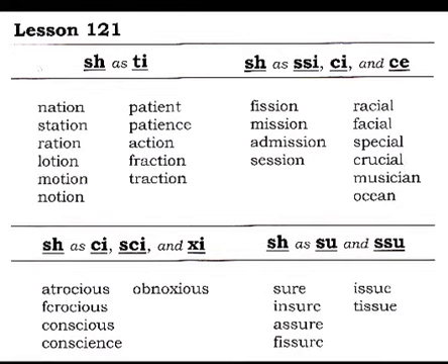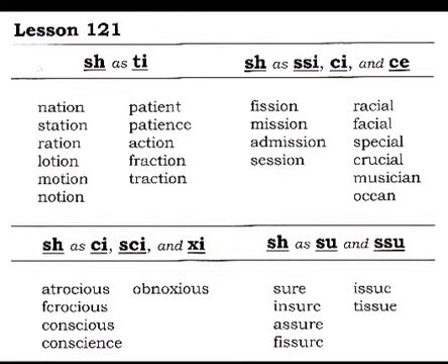Now that SH is also spelled SSI or CI or CE in such words as fission, mission, admission, facial, racial, special, musician, and ocean.